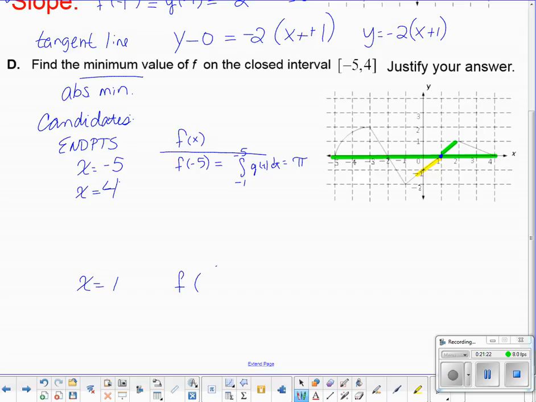F of 1 is equal to the integral from negative 1 to 1 of g of t dt. And I need to go to my picture here. Let's clean this up a little bit.